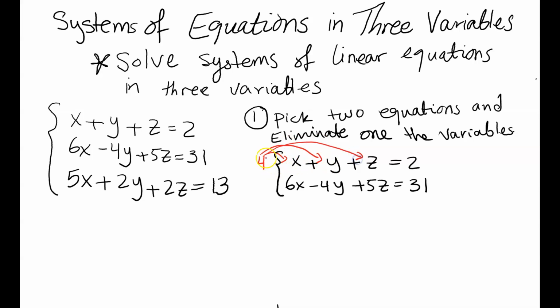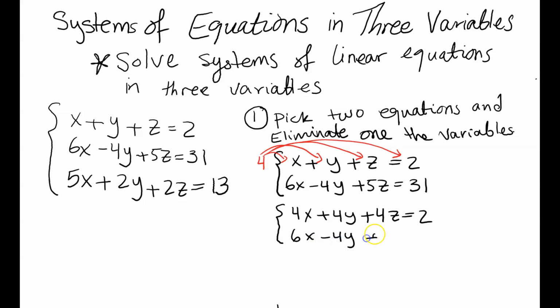If you remember the elimination method we did in the previous lesson for 2 equations, 2 unknowns. So here it's going to turn out to be 4x plus 4y plus 4z equal to 8. Sorry, that's going to be 8 here. 6x minus 4y plus 5z is equal to 31.